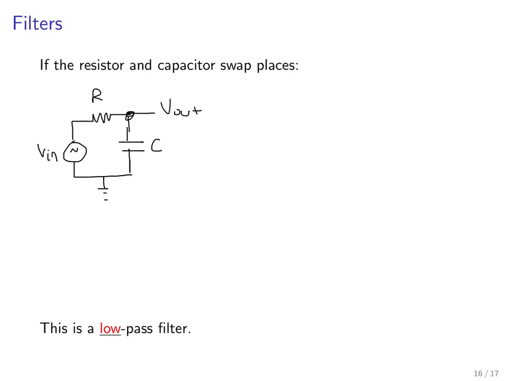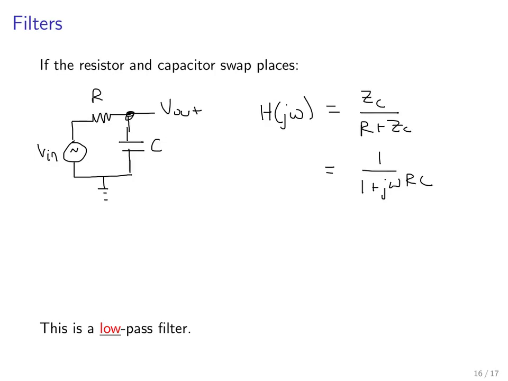So H of j omega, the transfer function, is going to be equal to Z sub C divided by R plus Z sub C. If we plug in 1 over j omega C for Z sub C, and we multiply top and bottom by j omega C over j omega C, then we arrive at 1 over 1 plus j omega times R times C, right?